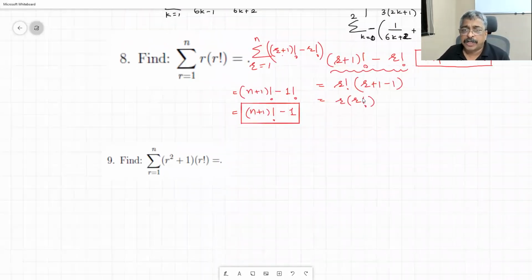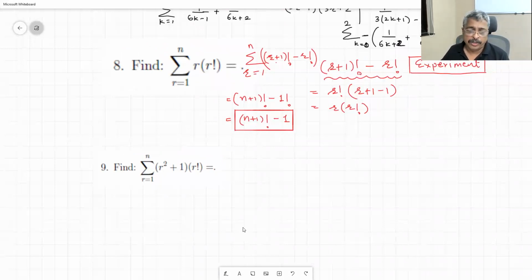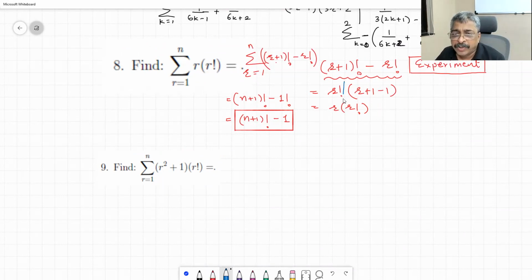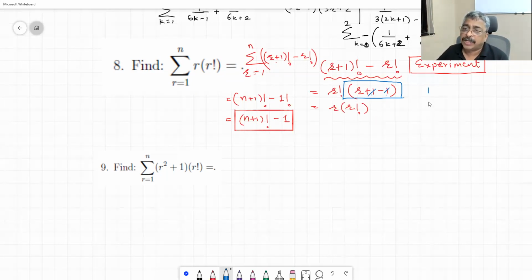Earlier problem was difficult because when we simplified this bracket, one got cancelled with this one, and therefore decoding is difficult. From here to here in this direction, decoding is difficult. From this direction, it is easy.